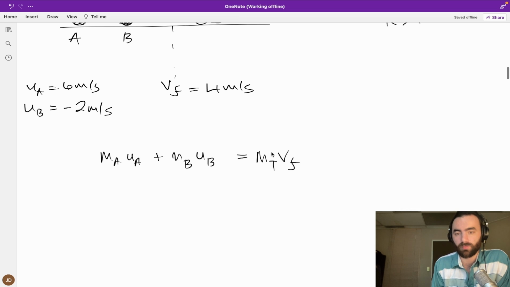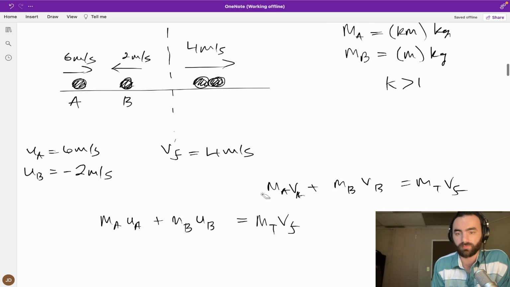You could do the same as before, the mass of A times the velocity of A plus the mass of B times the velocity of B. But this is 4, and this is going to be the total mass, the total momentum of this coalesced object.